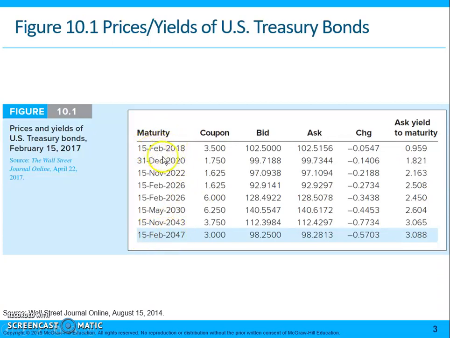Each of these would pay interest twice a year, at half of the coupon. The bid is what the dealer is willing to pay. The ask is what the dealer is willing to sell it to you for. The change is just the change from the prior day. And then the ask yield to maturity, if you were to calculate the yield to maturity using the ask price, you would, for example, on the very first one here, get 0.959%.